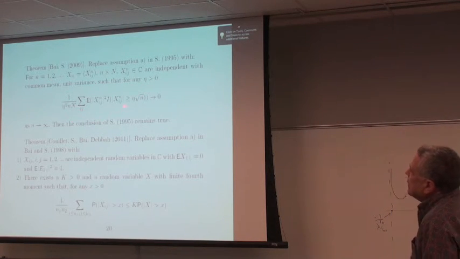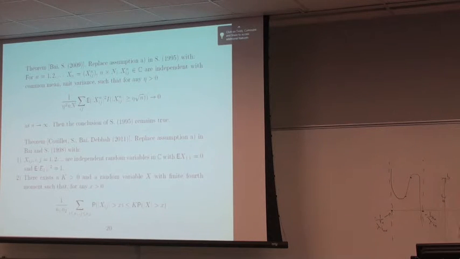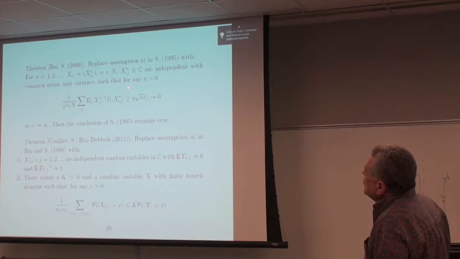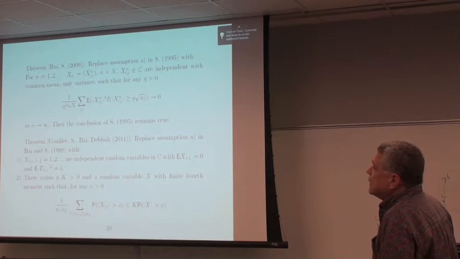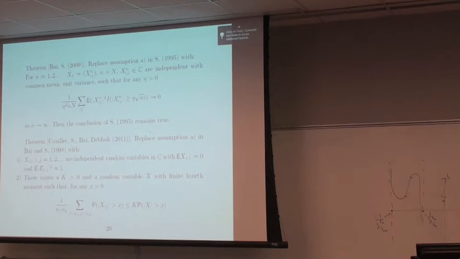This is kind of like the Lyapunov condition involving the tails of your distribution. And if this is true for every little n and big N, that this thing goes to zero, then the conclusion of what I had in the first theorem, that the limiting eigenvalues are convergent. So this goes beyond independent, identically distributed to arbitrary distributions.